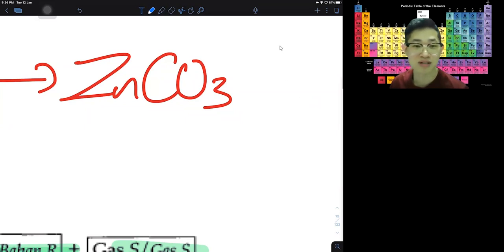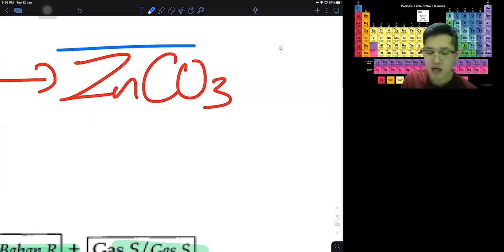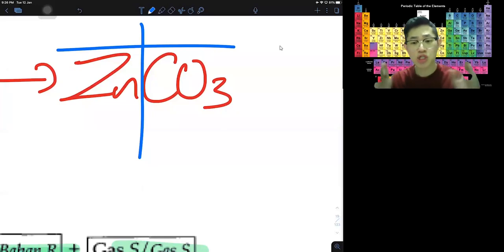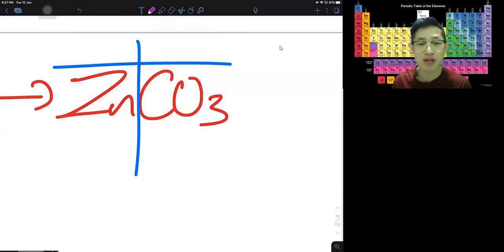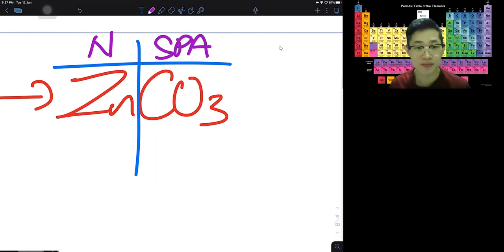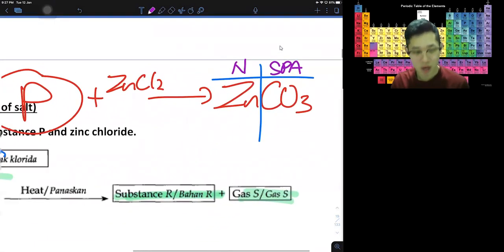Soluble or insoluble? Yes, insoluble. According to what we learned last week, insoluble. Very good. Insoluble, we pair it with the third cross and spa. You see what they want?